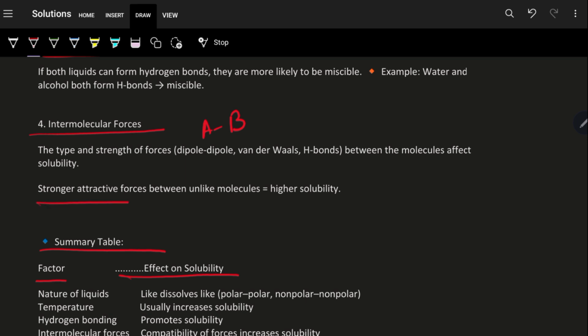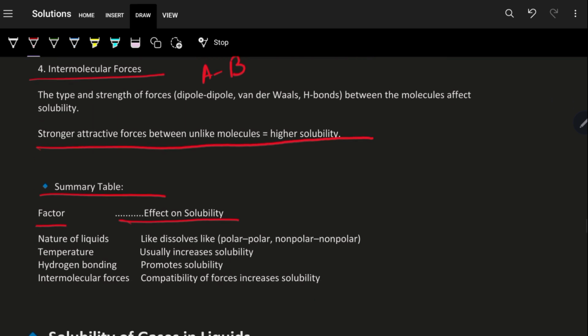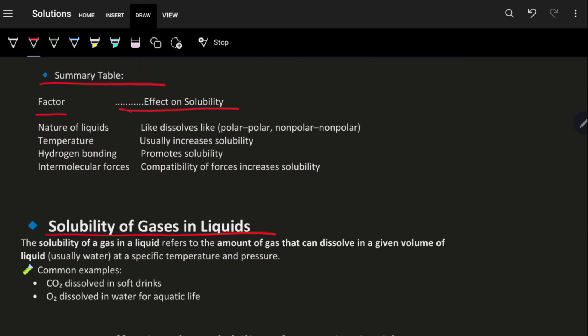That is stronger attractive forces between unlike molecules. Unlike molecules means AB interaction. Then higher is the solubility. This is a summation of whatever I have said: nature of the liquid, temperature, hydrogen bonding and intermolecular forces.